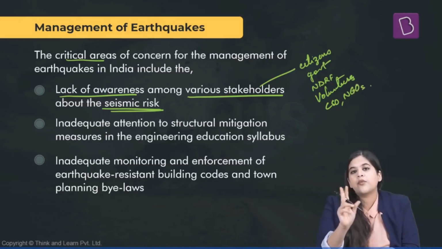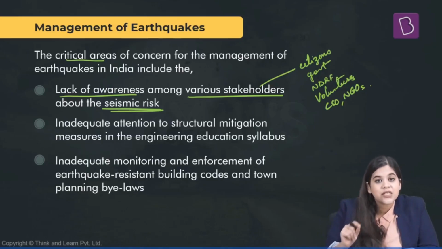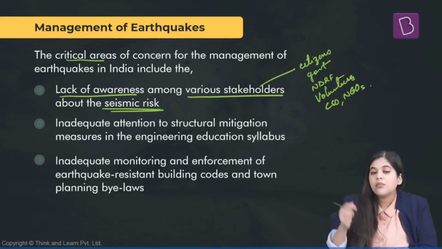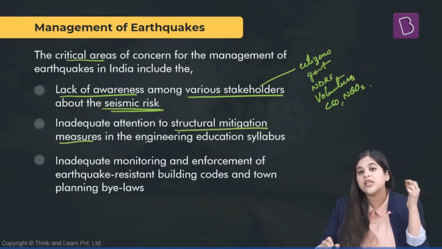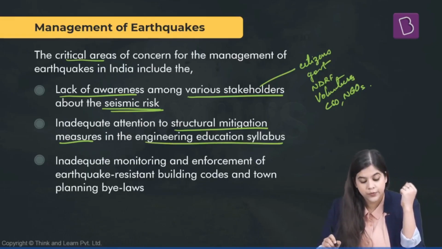So there is a lack of awareness amongst various stakeholders when it comes to seismic risk. Also, when it comes to structural safety, not much attention is given to structural mitigation measures in the engineering education syllabus and courses.